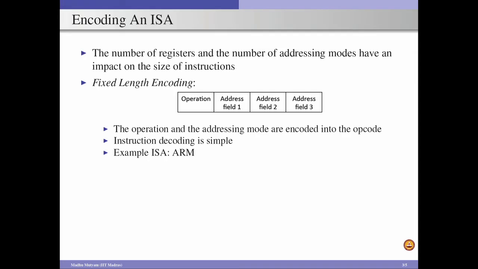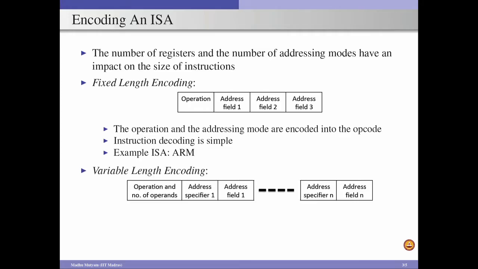The other class of instruction encoding considers variable length, where we can consider any number of operands, and each operand can take any addressing mode. We have one field for the opcode which specifies the instruction. The next field specifies the total number of operands associated with that instruction, and then for each operand, as it can assume any addressing mode, we need to have two fields.